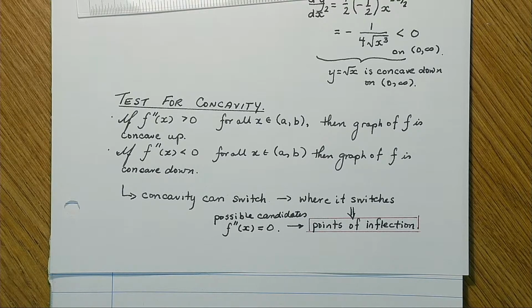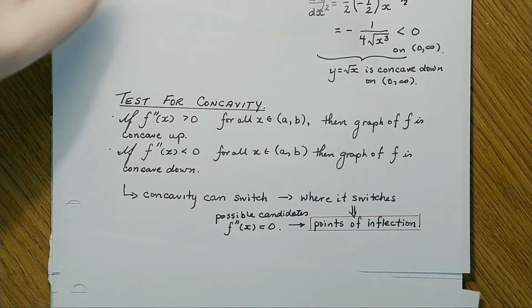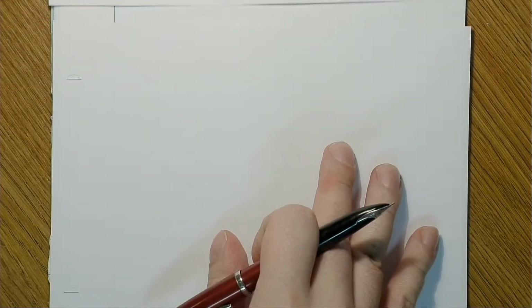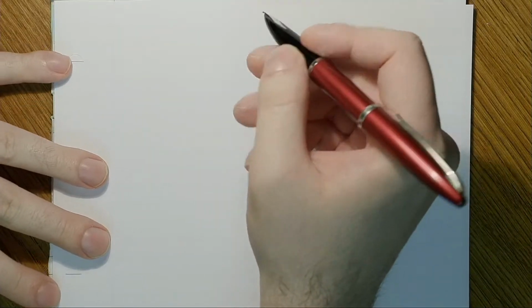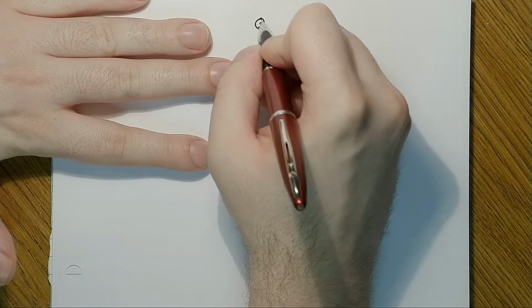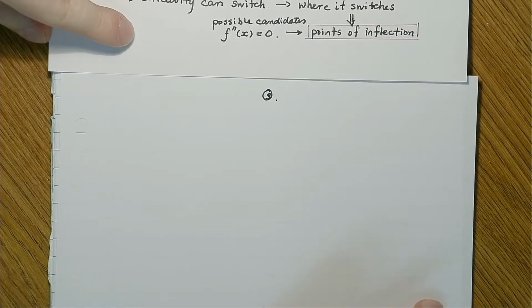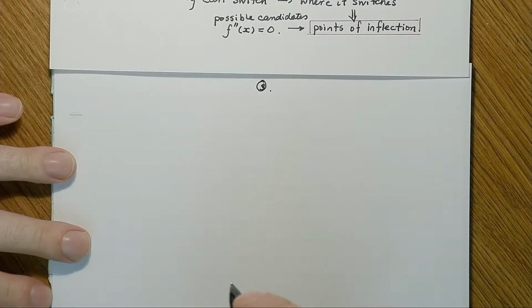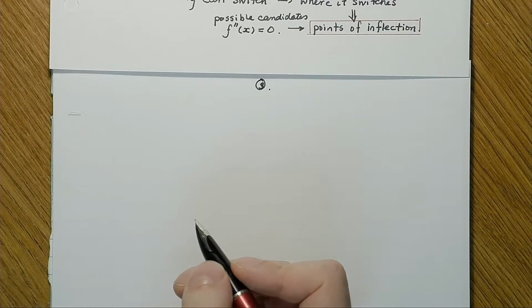So before we get into the really interesting examples, I'll use a more illustrative one. So again, the concavity is trying to describe the bend of the graph. Okay.